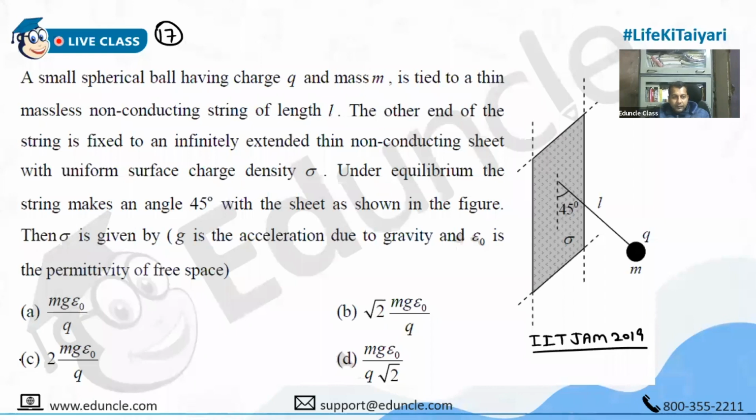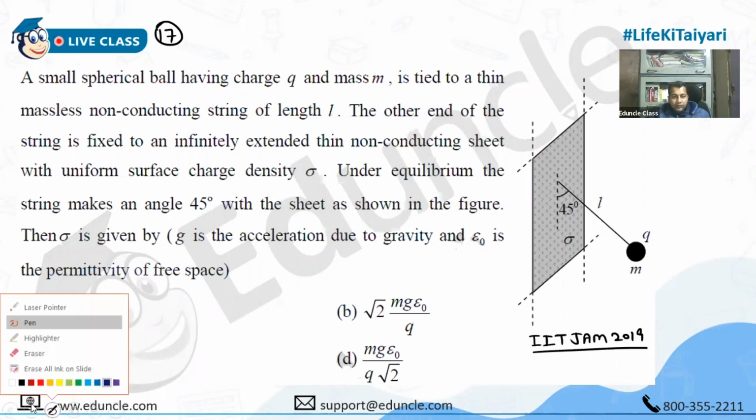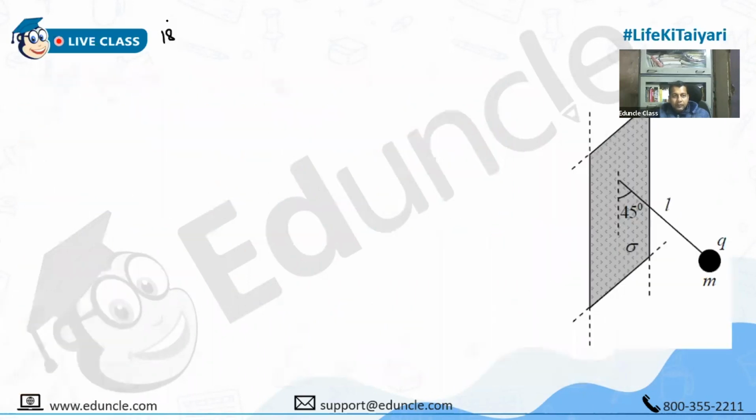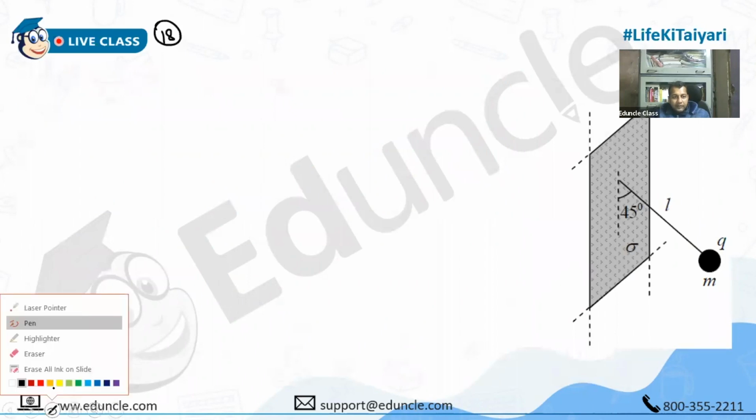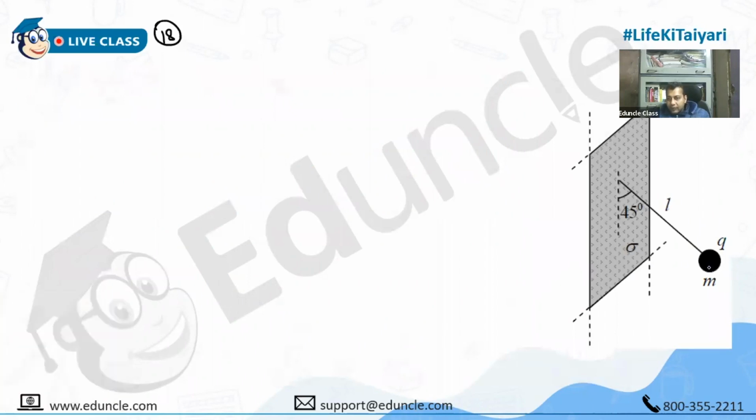C option is the answer. Let us see how. So this is the diagram that is given. So now if I try to find the various forces, then mg, weight is acting vertically downward. Here is the tension in the string.